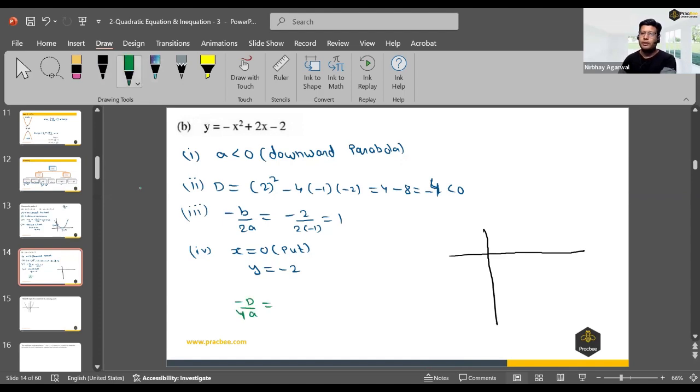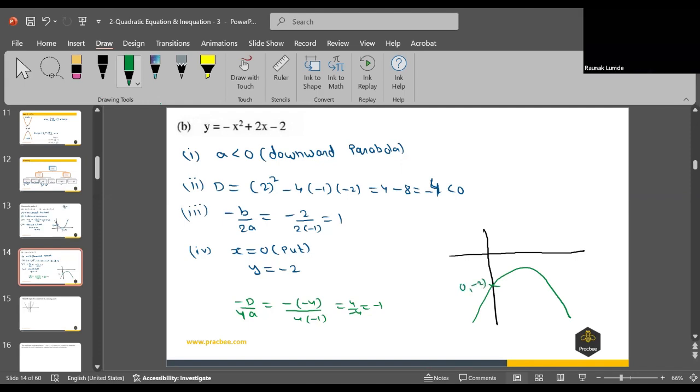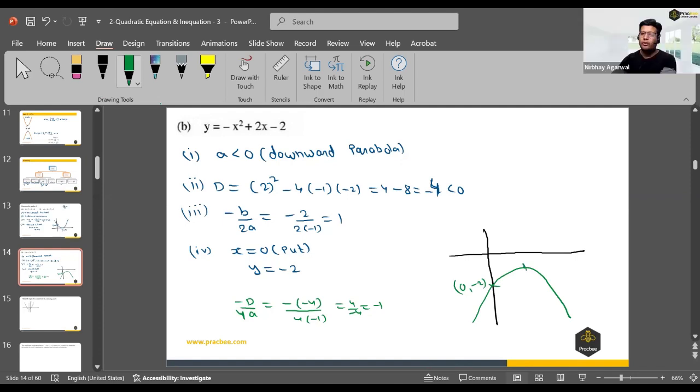It should be minus of -4 upon 4 into -1. So it is negative, which means the graph will be like this, because in the fourth quadrant y coordinate will be negative and x coordinate will be positive. So this is 1 comma -1. This is the graph of y equal to minus x square plus 2x minus 2.